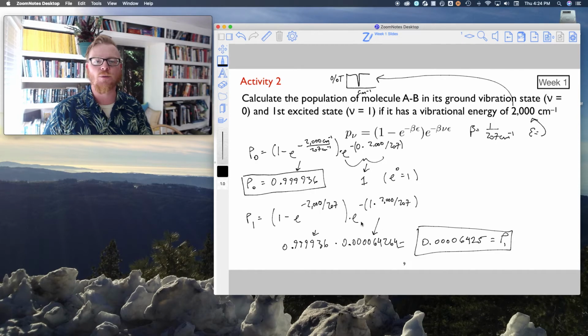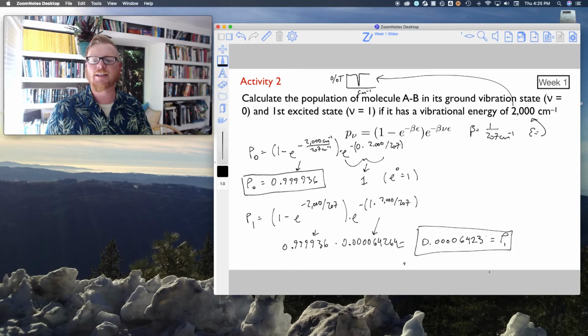But now it's e raised to the 1 times beta times E, and that makes it slightly different. Oh, I wrote 2,5. I meant to write 2,3.